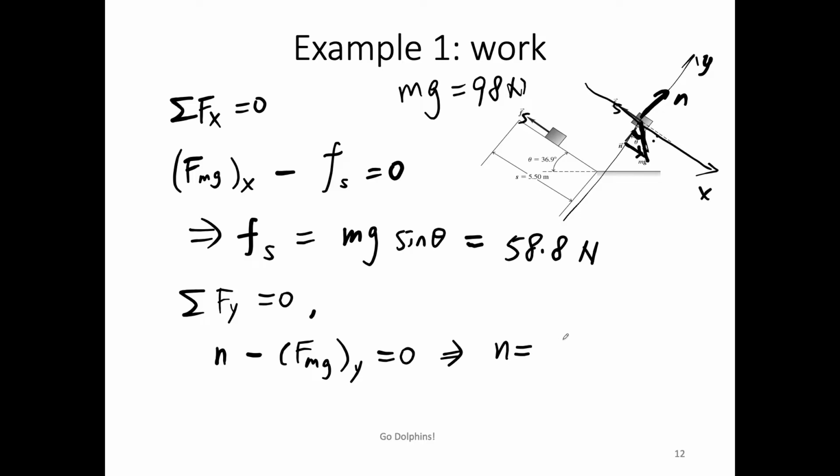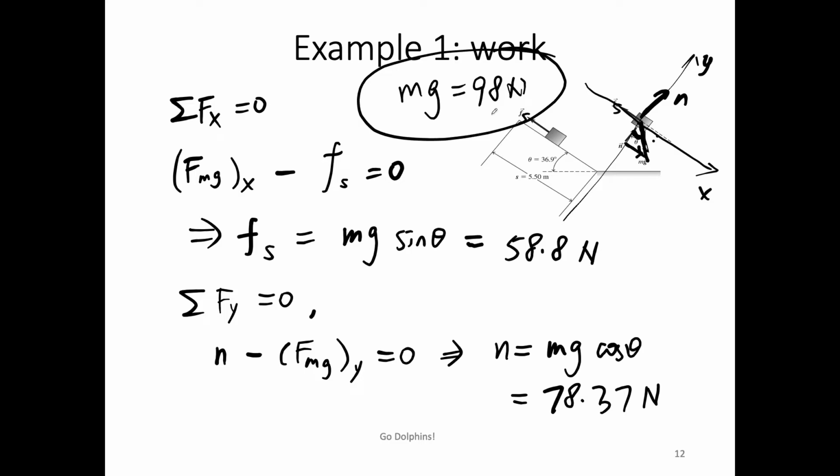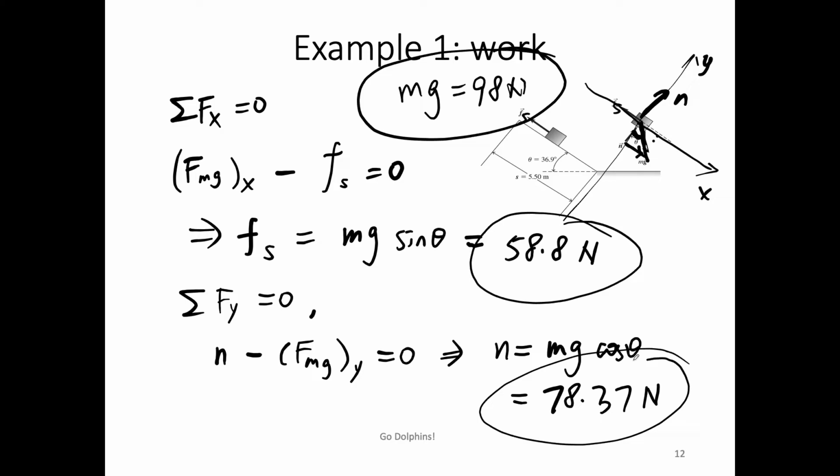N equals the y component of weight, which should be mg cosine theta. Plugging in all the numbers is roughly 78.37 Newton. Okay, now I do find those three forces: weight, friction, and normal force.